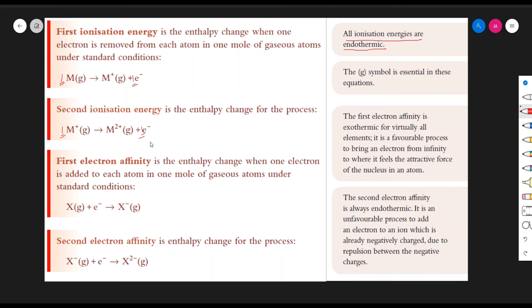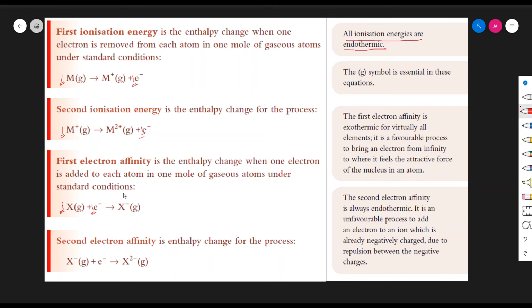As for first electron affinity, it's the enthalpy change when 1 mole of electrons is added to 1 mole of gaseous atoms under standard conditions. And thus, as you can see here, the definition is when 1 mole of electrons is added to 1 mole of gaseous atoms to produce 1 mole of gaseous -1 ions under standard conditions.